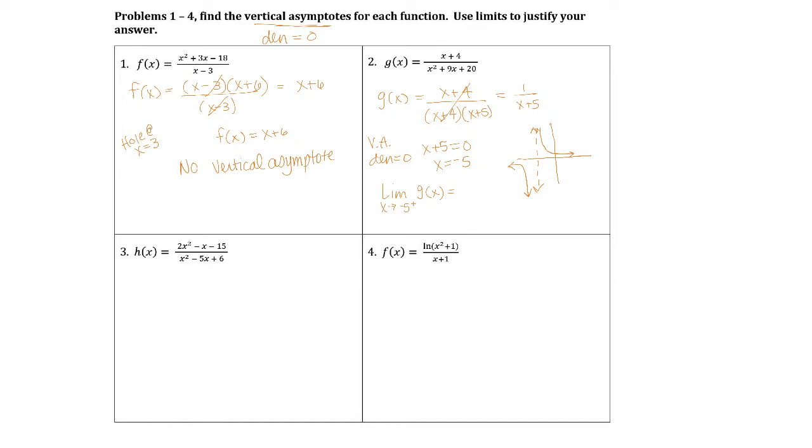So from the right of negative 5, we need to choose a number and plug in, and if we look up here at our function g of x, and I'm plugging in a number a little bit to the right of negative 5, then notice we will end up with a positive infinity.